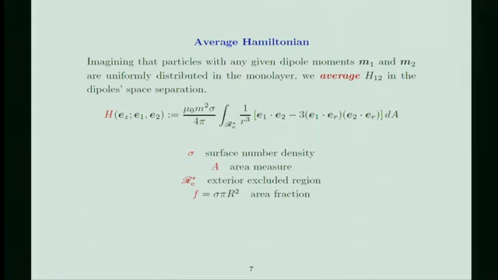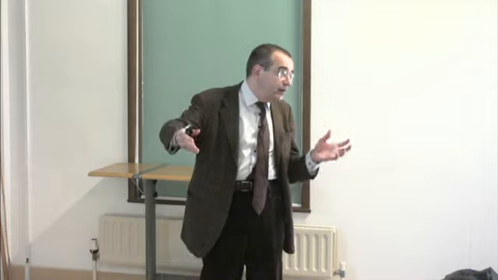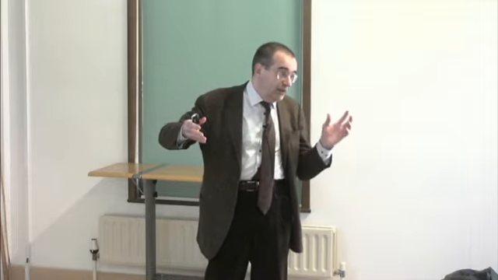In the following, we will use either f or sigma, depending on what we want to stress. All right, a small remark concerning this region. Of course, the two spheres cannot penetrate one into the other, and so this integral has to be taken in the region outside the excluded region.